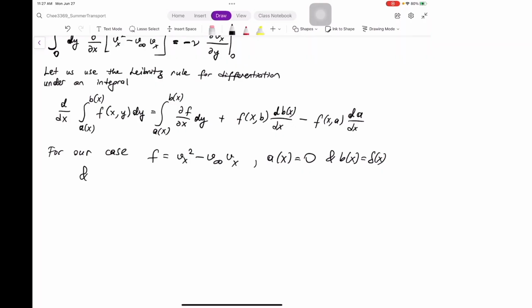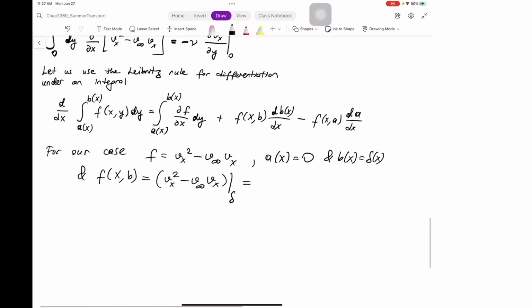And f of x comma b, you replace the y by b, which is you replace the y by delta, is equal to Vx squared minus V infinity Vx estimated at y is equal to delta, which is equal to Vx estimated at delta, nothing but V infinity, so V infinity squared minus V infinity squared, which you get 0.